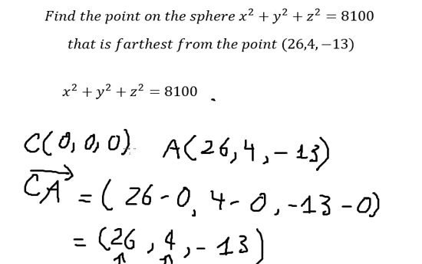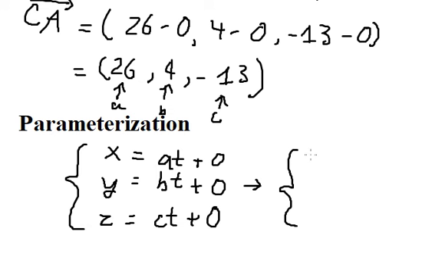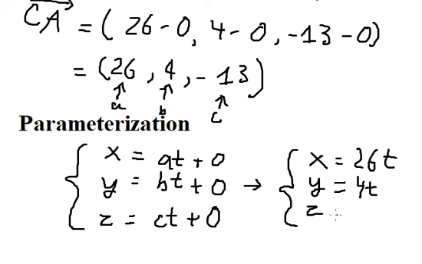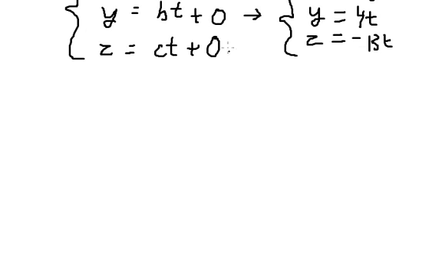Because this line goes to point C, I will choose point C as the base point, which is 0, 0, 0. And now we got x, y, z equals 26t, 4t and negative 13t.